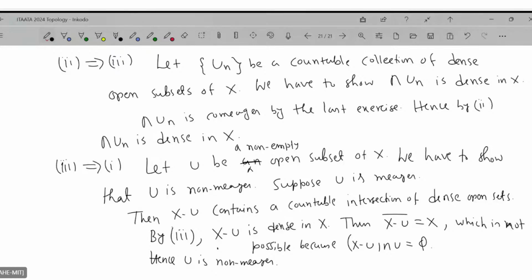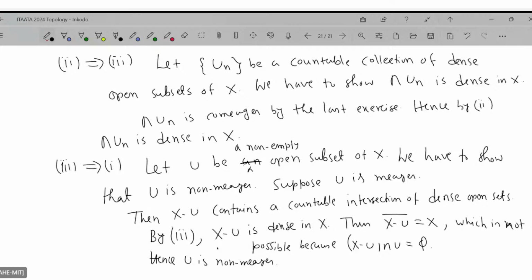So that also implies that U should be empty. Its closure is X minus U equals X. This implies that U is empty, but U is not empty. That's also another way of making a contradiction.